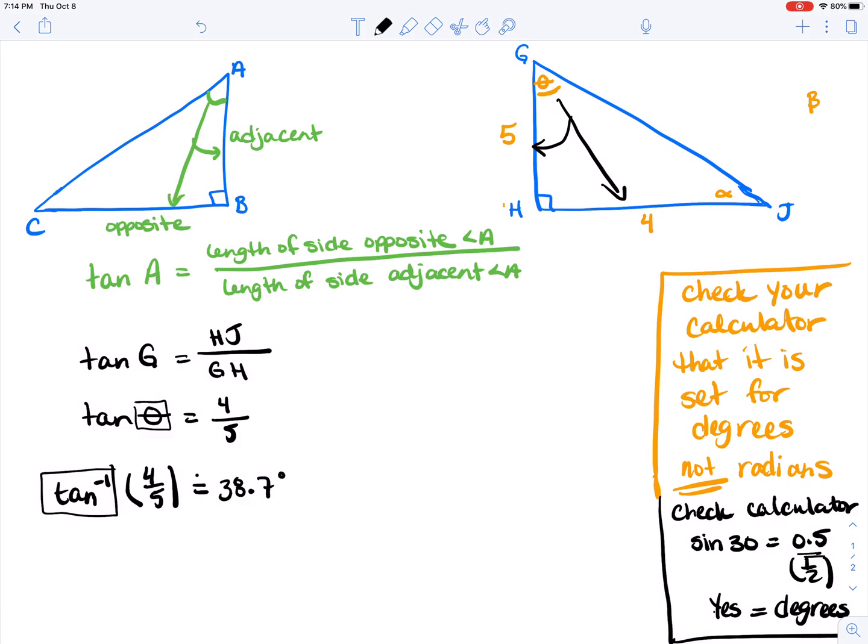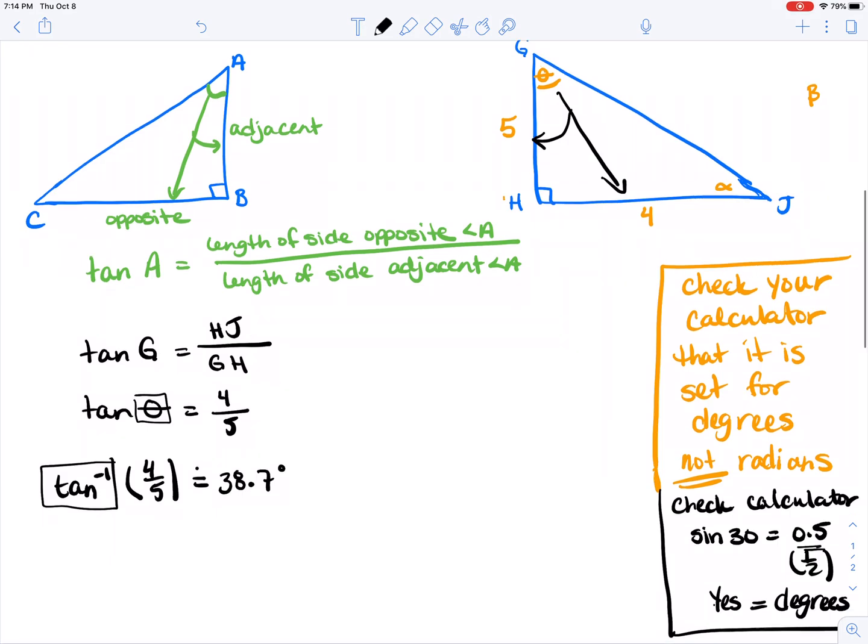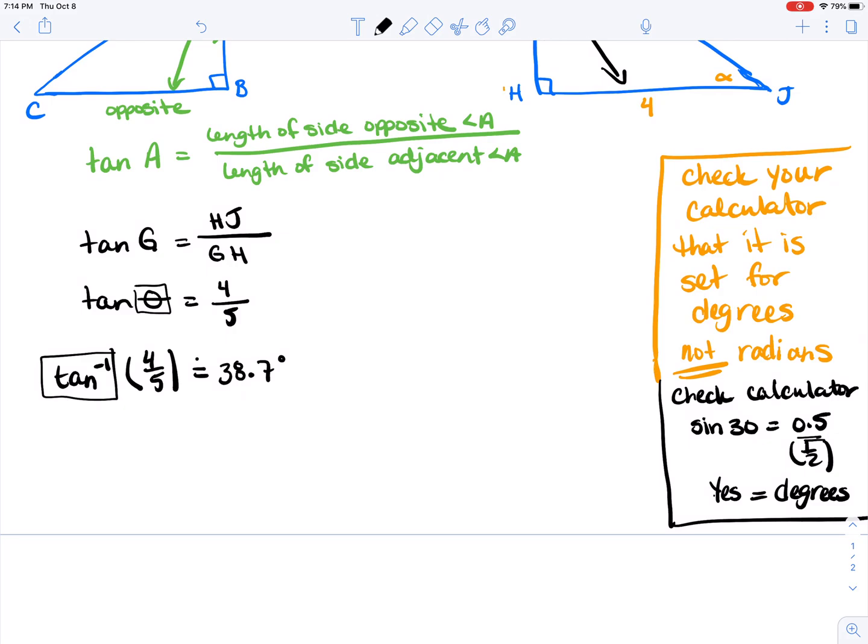If I had known that theta equaled 38.7, so let's draw another triangle here, and I said this angle theta, where theta equals 38.7 degrees, how do I find the lengths opposite and adjacent?